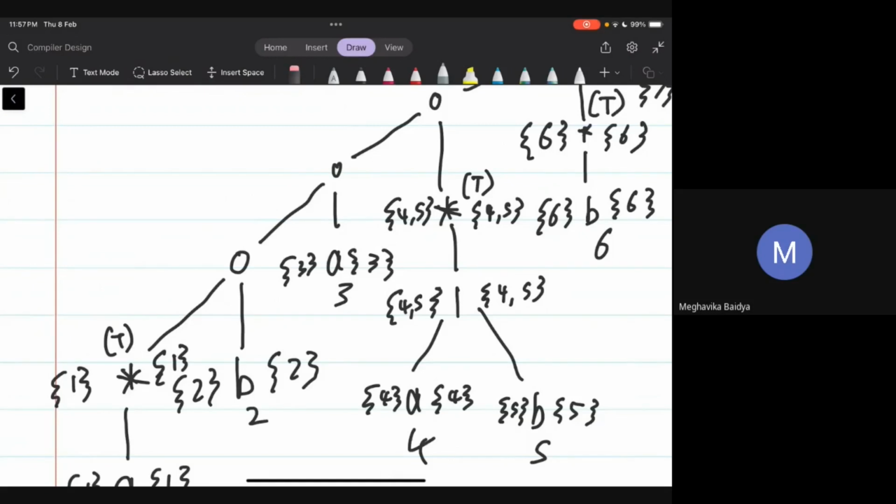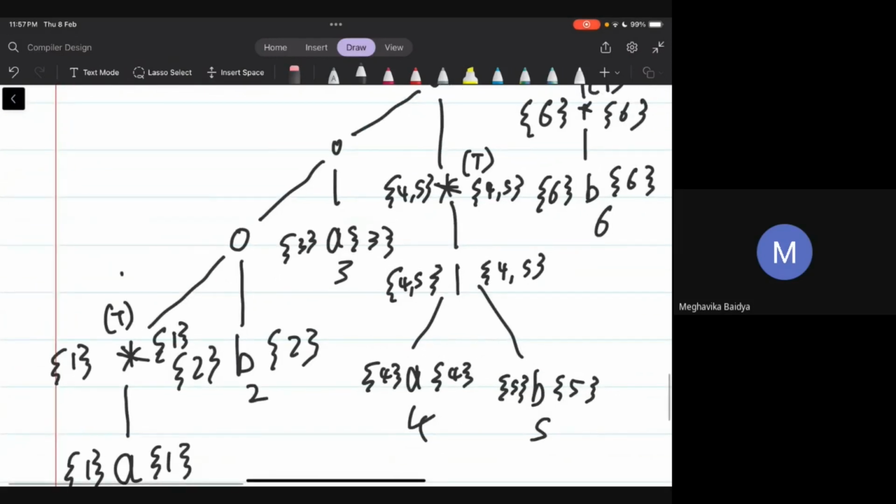If you check, the nullability of C1 is true, you have written it here. So the first pos is going to be 1, 2, which is 1 from here, union 2. This is for the first pos.